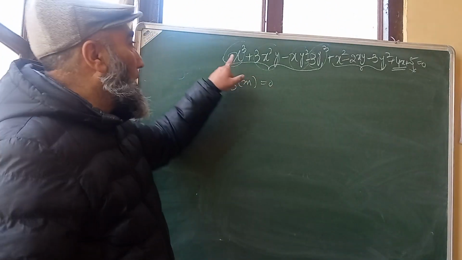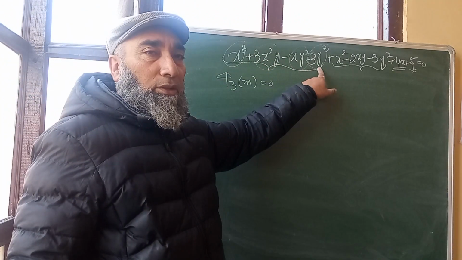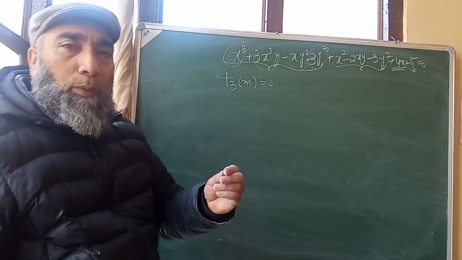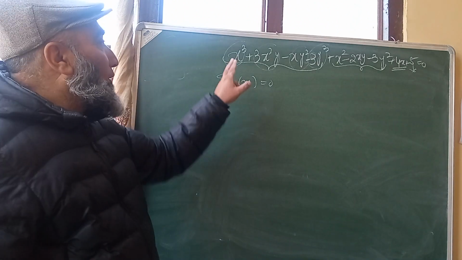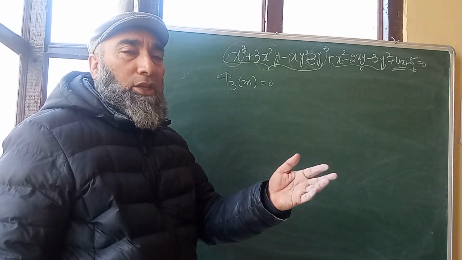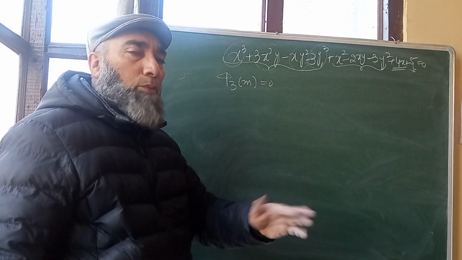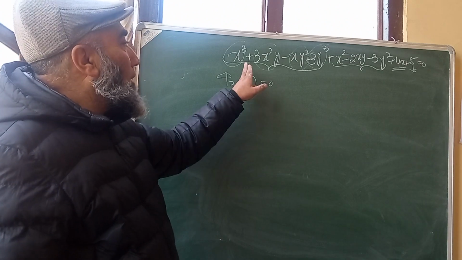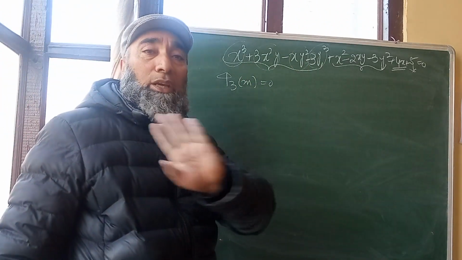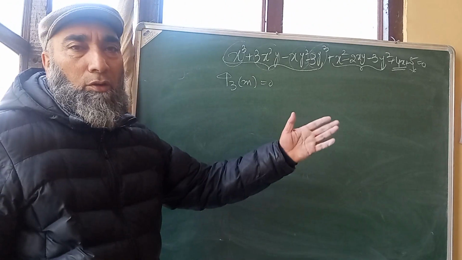No, because this is cubic in x and y, while x cube and y cube are present. So there will be no asymptotes parallel to either axis. If x cube and y cube would have been absent, then we would have first seen what the parallel asymptotes are; there may or may not have been. Now x cube and y cube are present, so there are no asymptotes parallel to either axis. So we have to go for the oblique asymptotes.